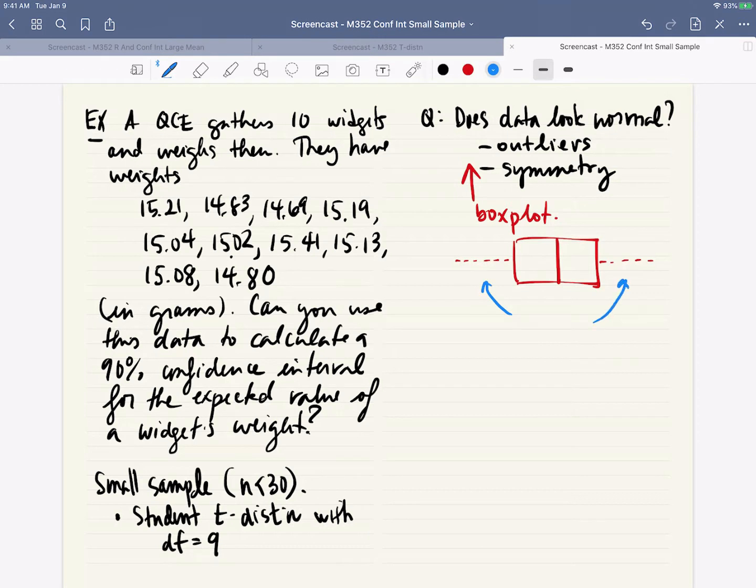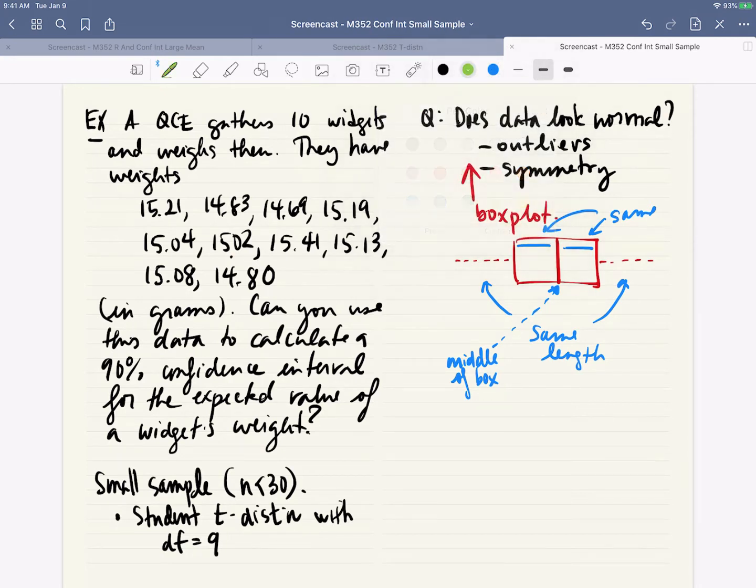So the whiskers are going to have roughly the same length. And then these distances here are going to be the same. That is, this bar that represents the mean looks like it's going to be in the middle of the box. If our box plot kind of looks like that, then we'll be happy.